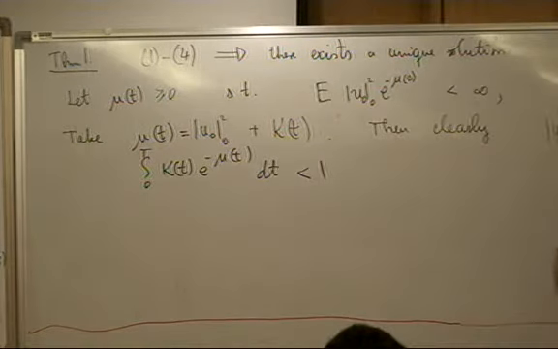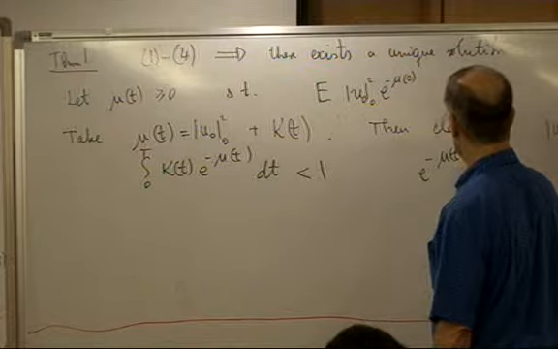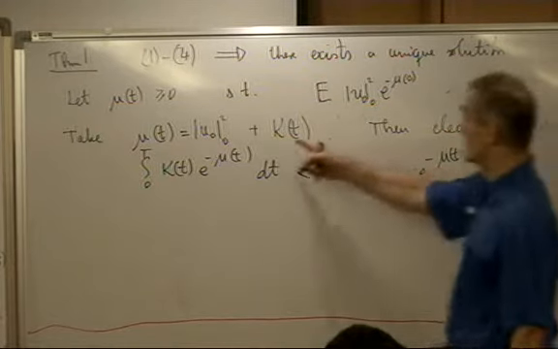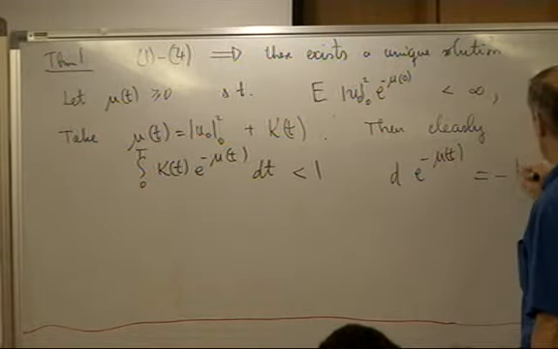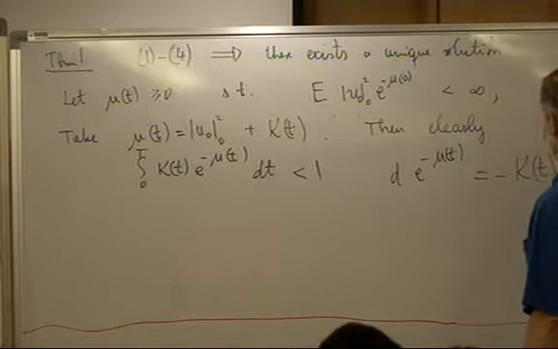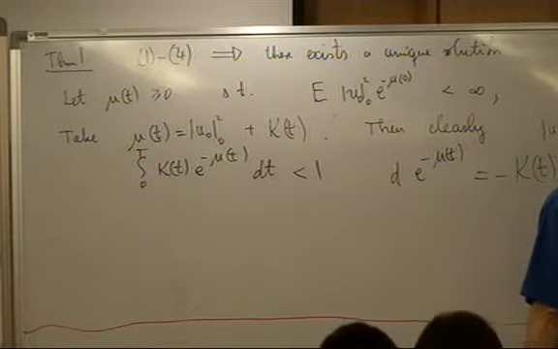So, a simple exercise: one can see that e to the minus mu_t, if one defines mu_t as it is defined, has the differential minus k_t times e to the minus mu_t dt.